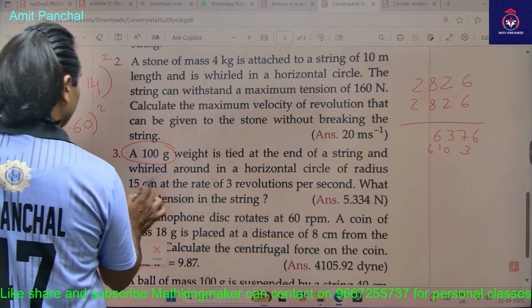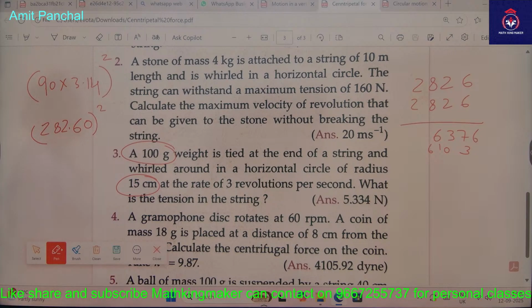So just convert this centimeter also into meter. 15 centimeter into meter will become 0.15, and this should become 0.1. So 0.1 divided by 0.15 into that multiplication value. Is the answer correct? 0.1 divided by 0.15 into 90 pi square, the calculation which I just did.